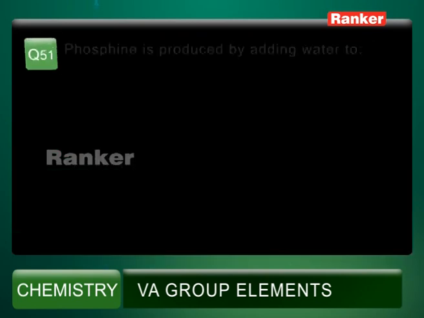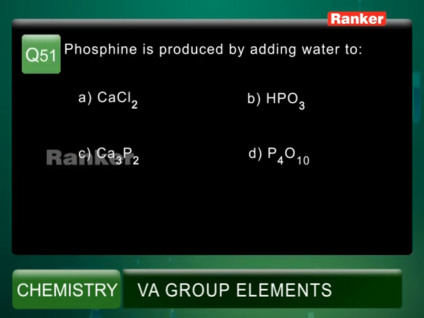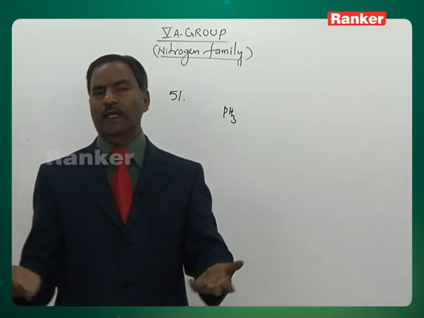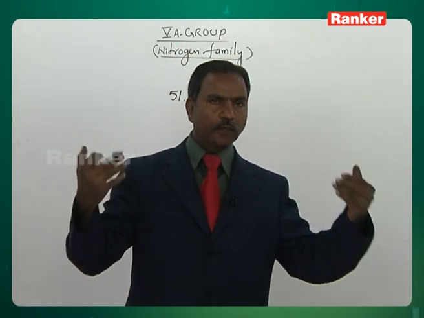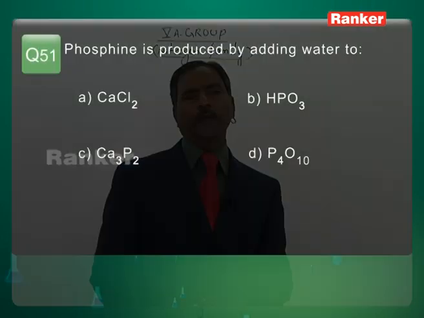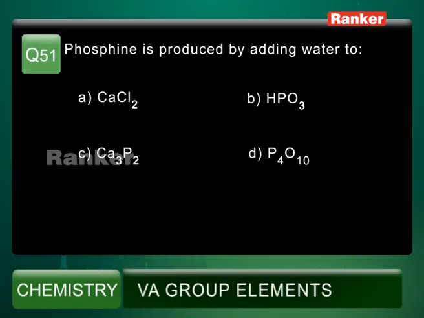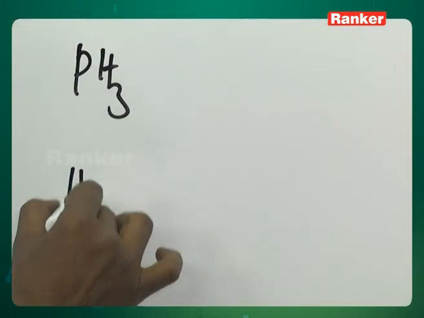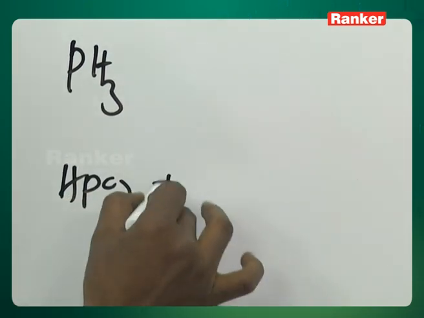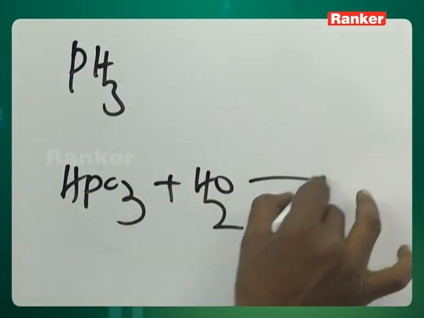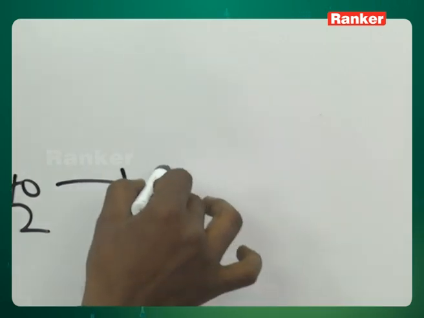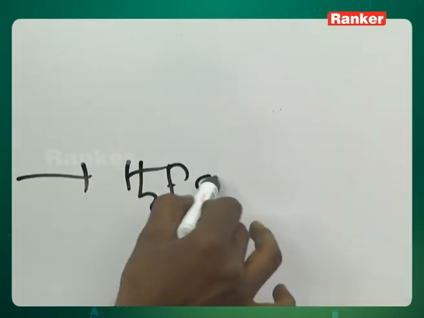See question number 51. Phosphine PH3 is produced by adding water to which compound? A. Calcium chloride. See, calcium chloride is not carrying any phosphorus. There is no chance of getting any phosphine gas. Coming to B, HPO3, whenever added to water, generally produces H3PO4.